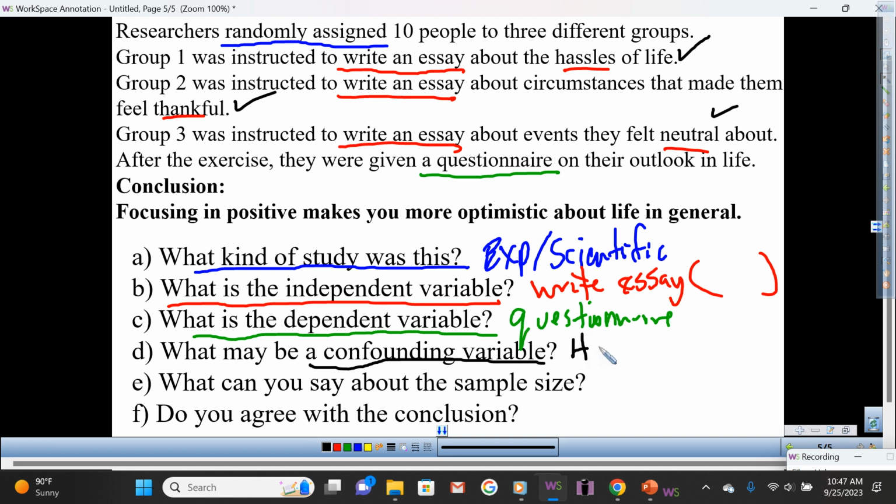Earlier it was brought up, they said mental health, or if people are having a bad day, maybe it's going to affect the way they write. Sample size, we can leave it as, it depends on what you are looking for. And do you agree with the conclusion, focusing on positive makes you more optimistic about life in general?